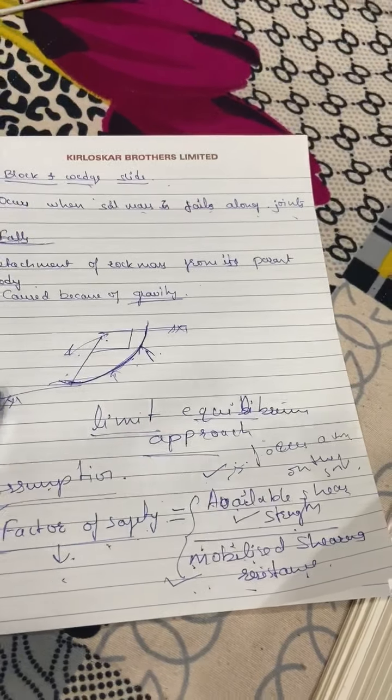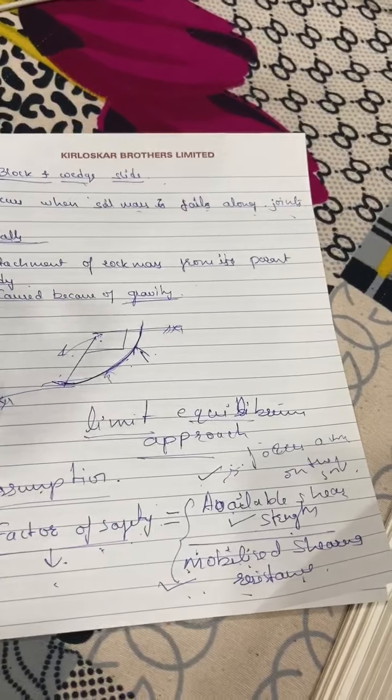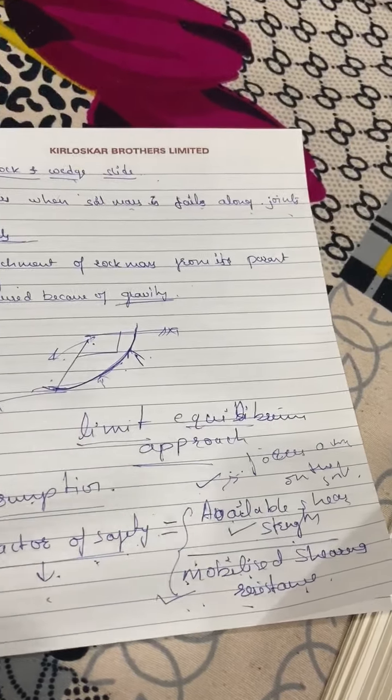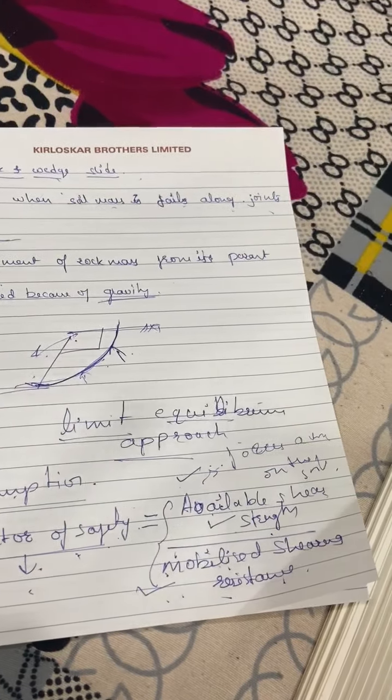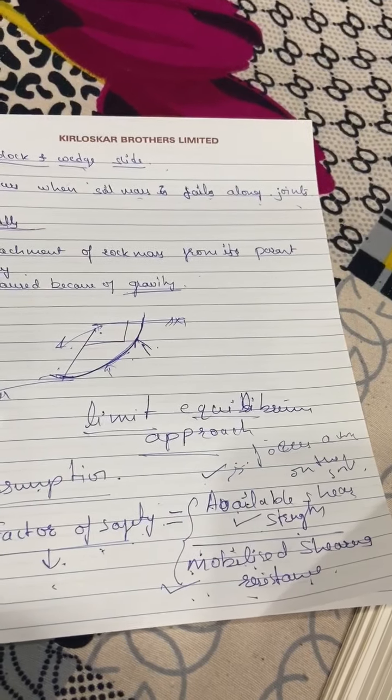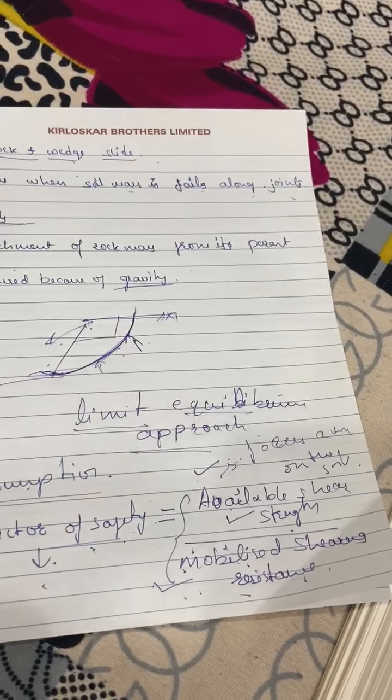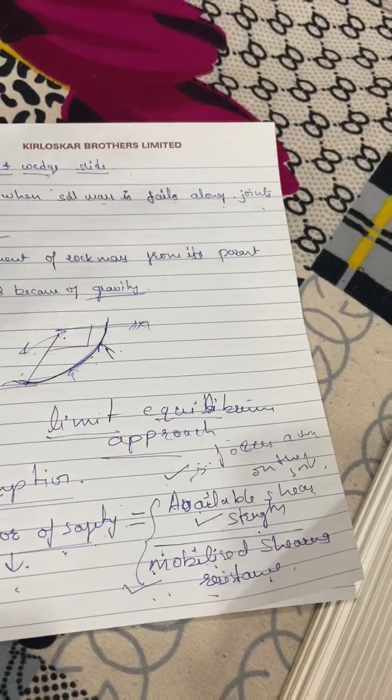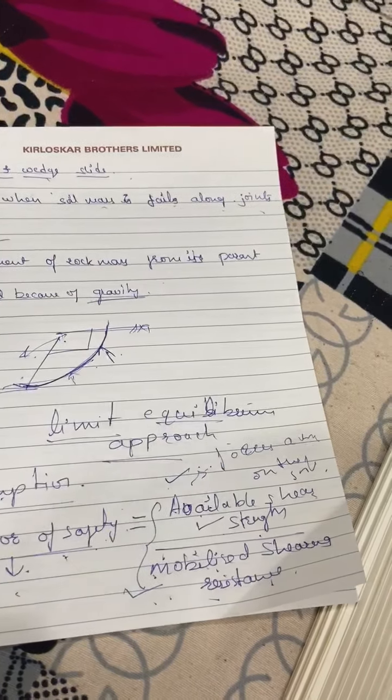When you are doing the shear strength experiment for slope stability, whatever sample you are taking should be an undisturbed sample. If it is a disturbed sample, whatever the results, we have to apply a much higher factor of safety.